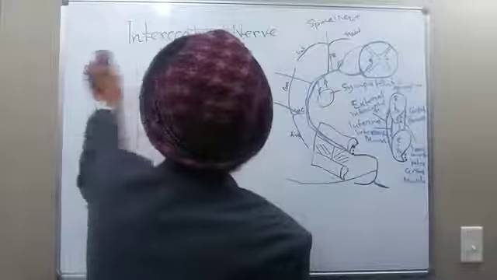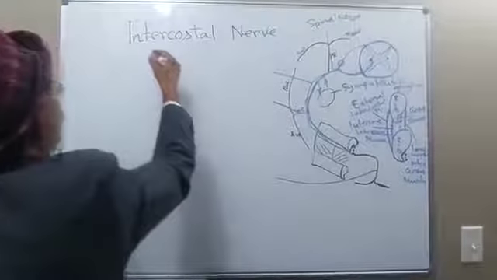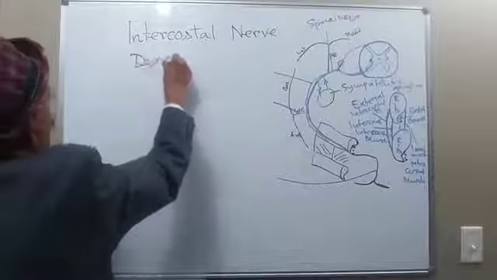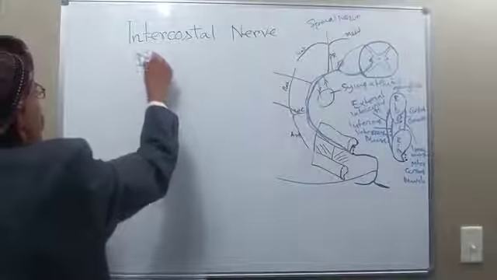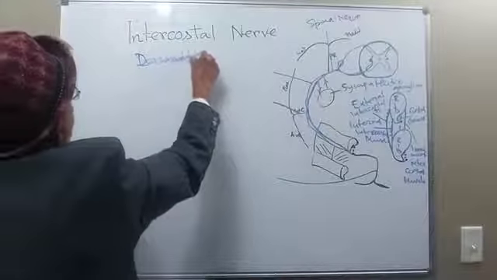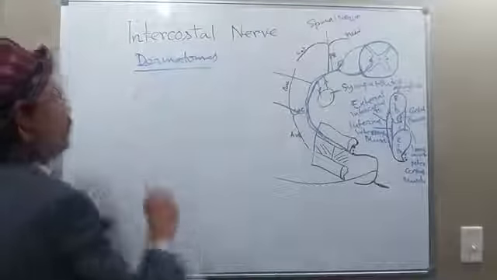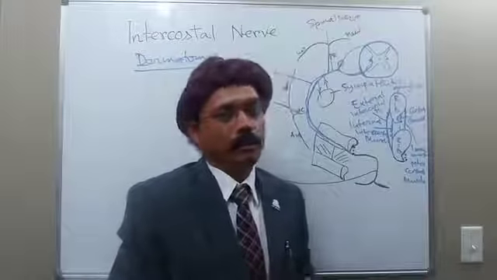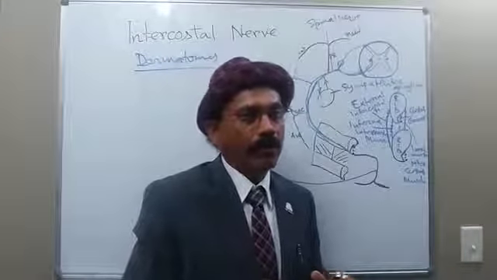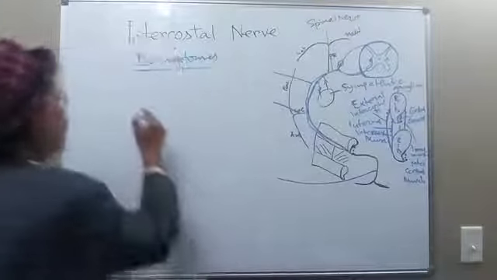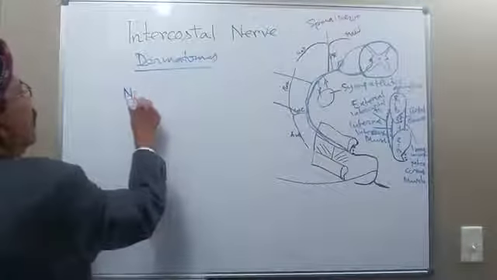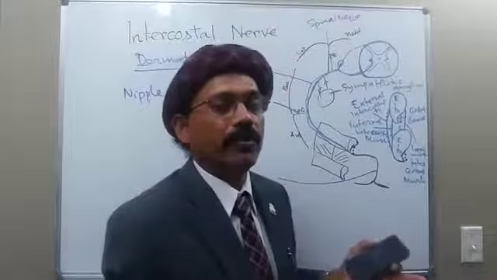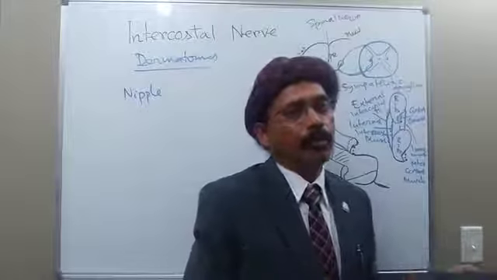Then we have a few things that are also very important clinically, that is the dermatomes. Dermatomes are the specific area of the skin innervated by a particular segment of the spinal cord, like the dermatome of the nipple: male nipple, female nipple, nipple of the child, nipple of the adult, nipple of the obese person.